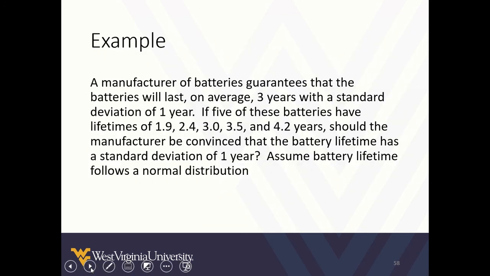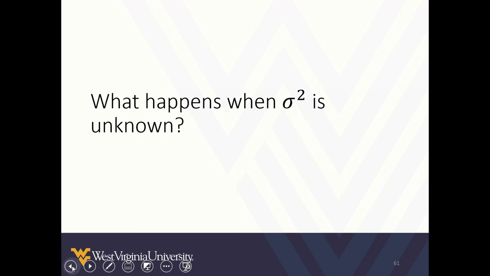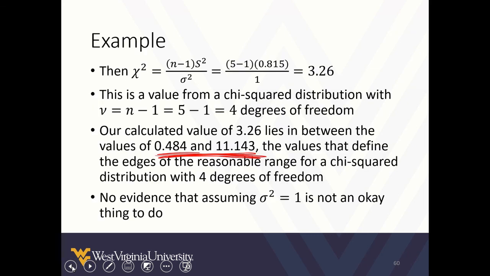But that is not always the case for the bounds. To state that a little more clearly, when we have degrees of freedom equal to 4, the reasonable bounds are between 0.484 and 11.143. That is not the case when we have a different set of degrees of freedom. You need to calculate that anew each time.